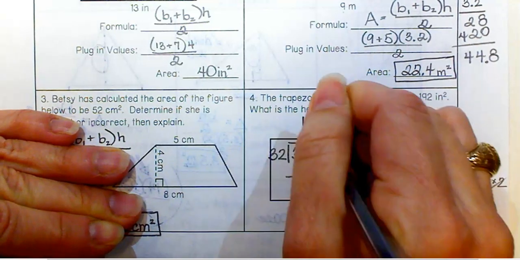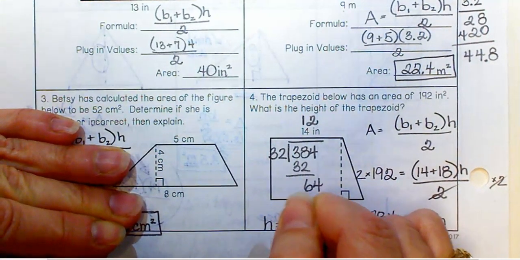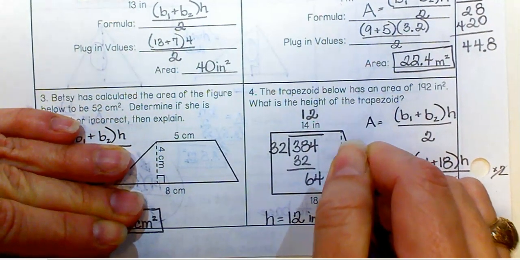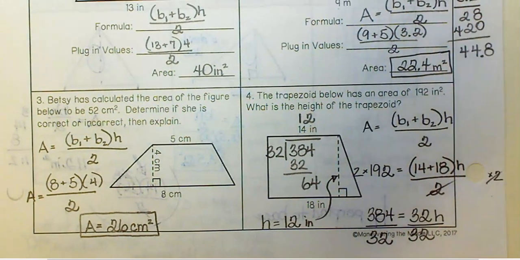And 32 will go into 64 twice. So our height is 12. Okay, which is right there. Okay, so that one was a little bit tricky. You had to put things in different places in the formula and rearrange to solve for what you needed.